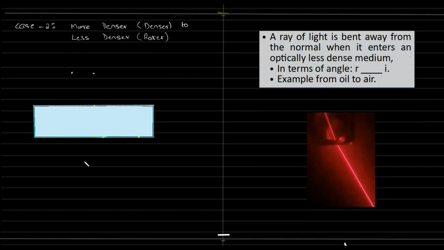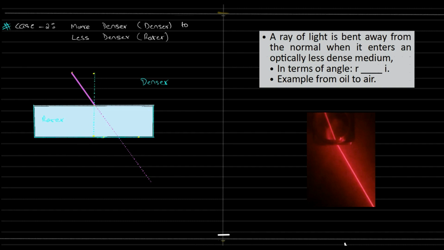Now the second case is when you are moving from denser to rarer. This is denser and this is rarer. Again, remember, we're talking about optical density. So light, which was going this way, this is the actual path, and that's your normal.